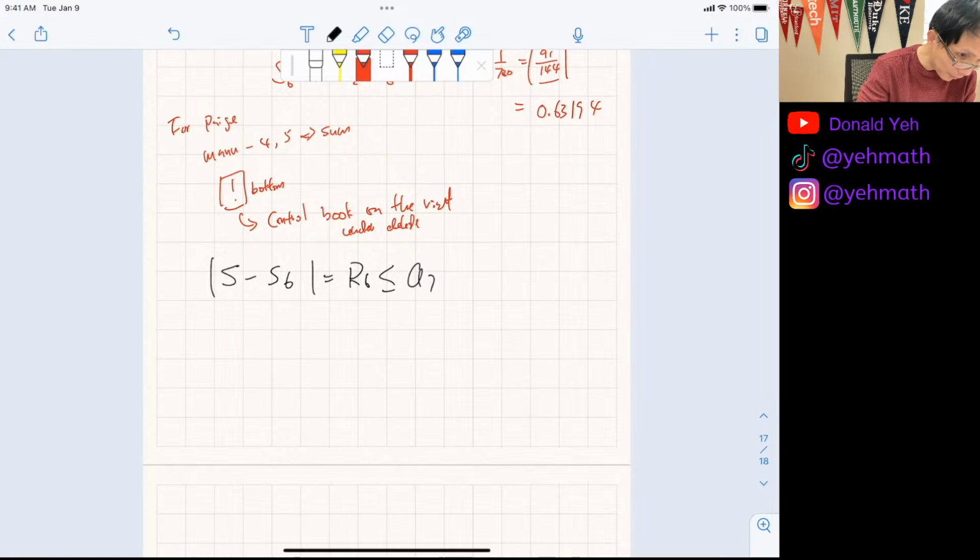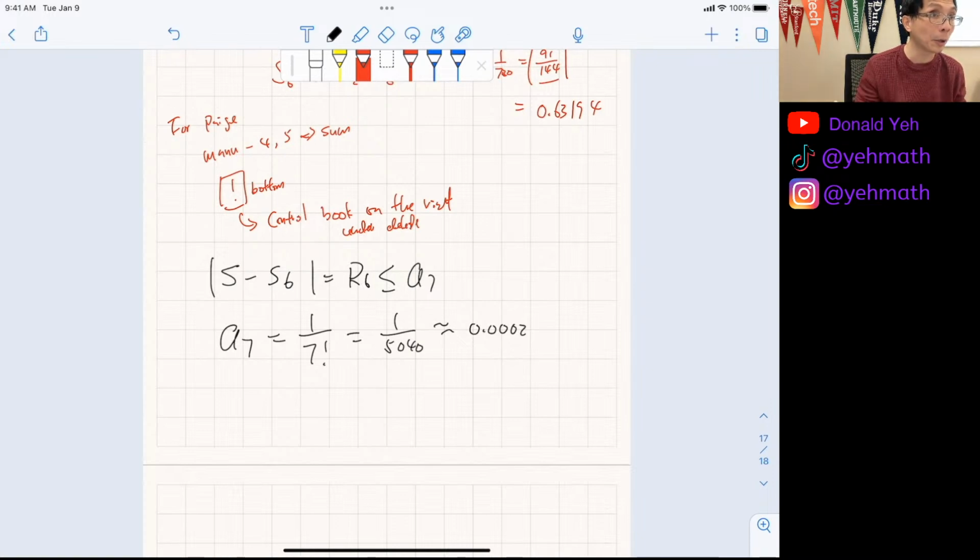So all you have to do is figure out what a sub 7 is. a sub 7 is 1 over 7 factorial, which is 1 over 5040, roughly equal to 0.002. This is the absolute value, so don't worry about the negative sign. This is the error.